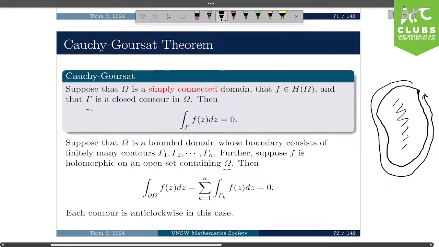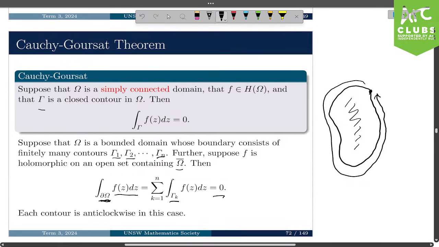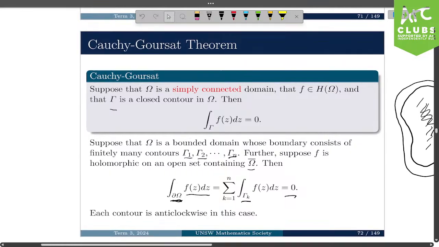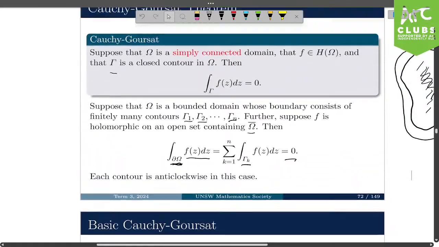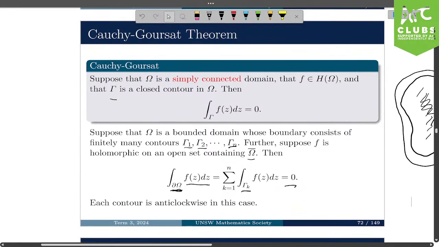Then the integral of f of z along the boundary of omega is equal to the sum of the integrals across all those contours which join to make our boundary, and it's going to equal 0, because again we're just integrating across a loop along which and inside of which f is holomorphic. And this turns out to be quite a powerful result because it can help us evaluate some pretty difficult integrals.